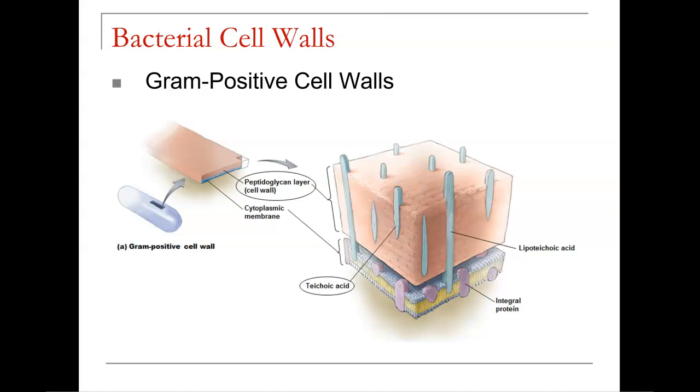Probably this assists in binding positively charged molecules into the surfaces of cells. It's resistant to damage from physical factors such as heat, radiation, desiccation, which is drying out, and pressure. And when it's stained, it appears purple during the gram staining procedure.